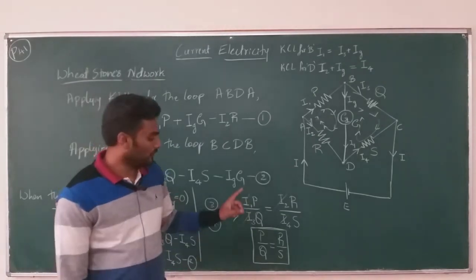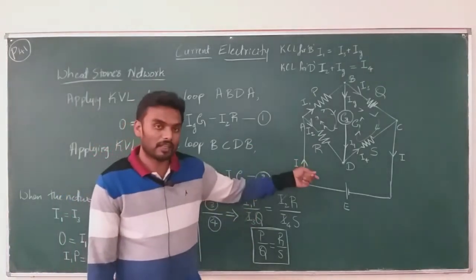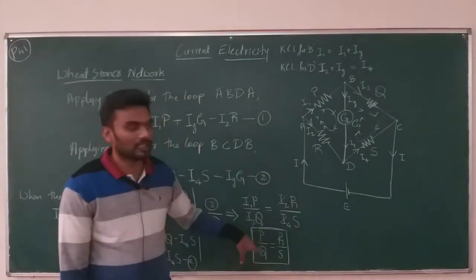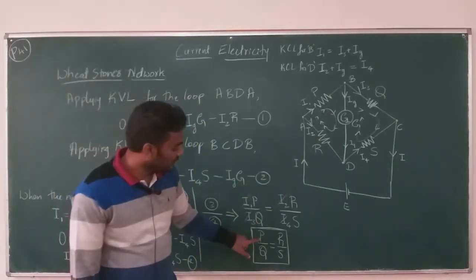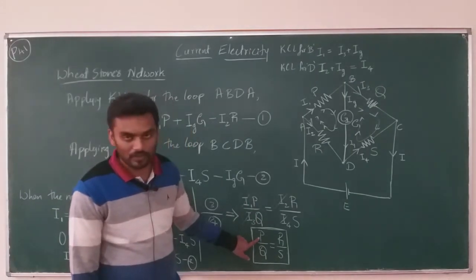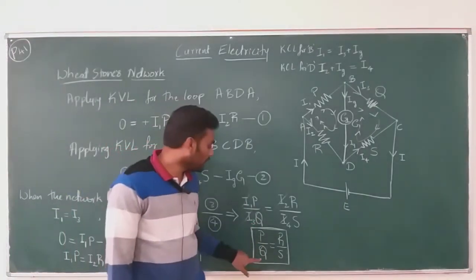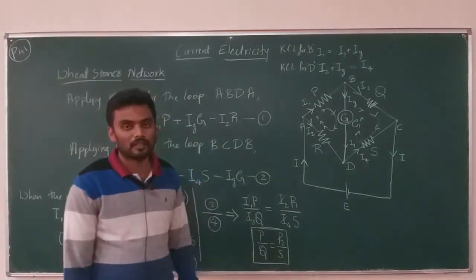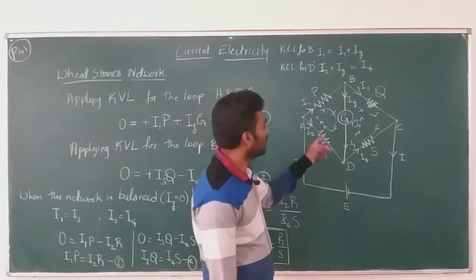Clear on that? If the network is balanced, then this will be the condition, and hence we can easily get any one of the unknown resistances. Like if you know the resistances Q, R and S, you can easily get P. That is the practical application or advantage of that.